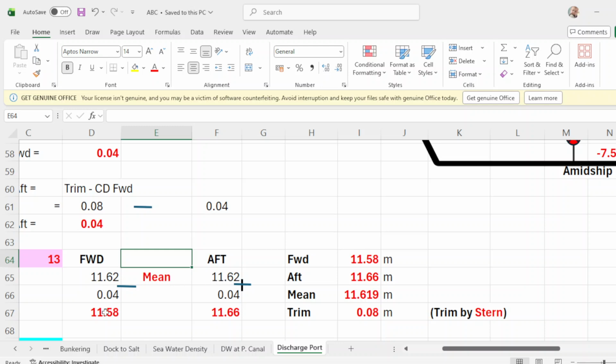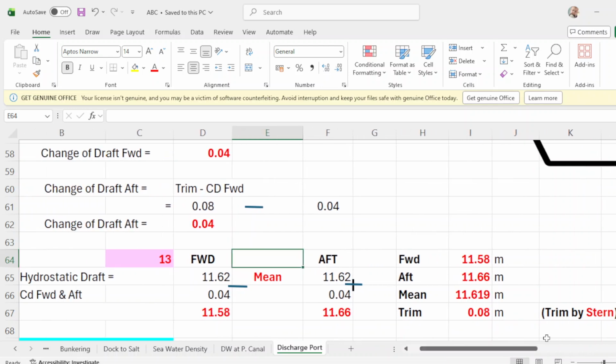11.62. Apply the change of drop forward, which is 0.04, and change of drop up is 0.04. Since you are trimmed by the stern, you add this one so that you will have more drop aft, 11.66, and you deduct your change of drop, so you will have a less drop forward.